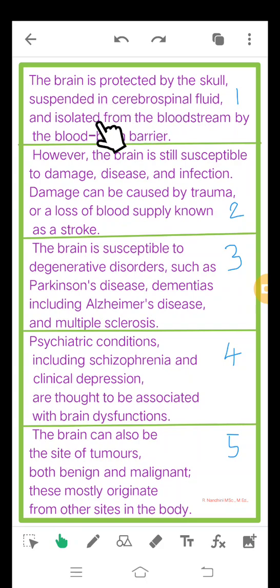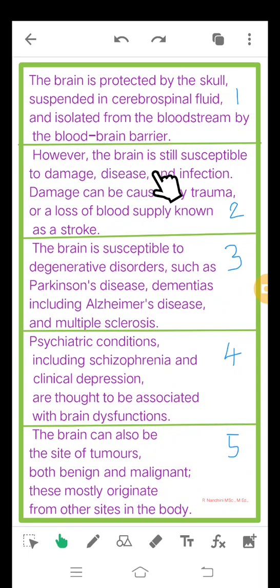It is isolated from the bloodstream by the blood-brain barrier. The brain is protected by the skull, suspended in cerebrospinal fluid, and isolated from the bloodstream by the blood-brain barrier.